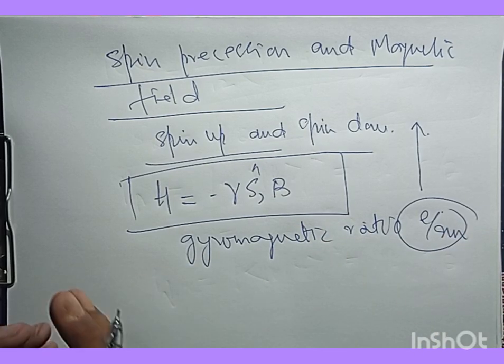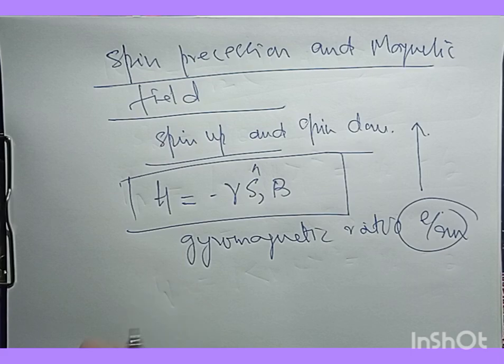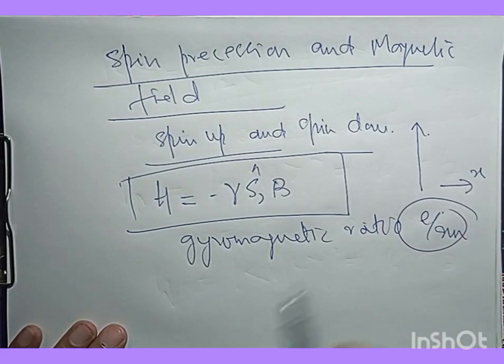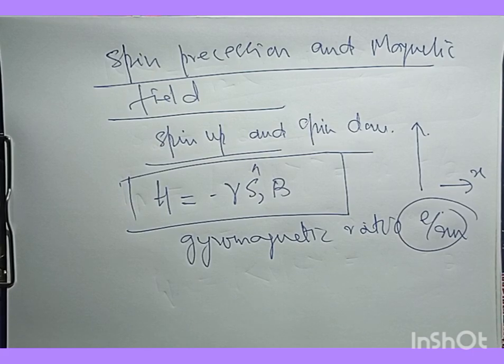Now we have some initial state. The initial state of the electron is aligned along the x-axis, which can be written as a superposition of z-axis eigenstates.